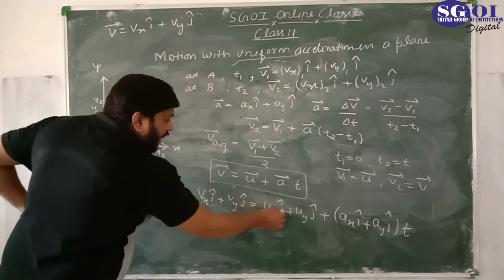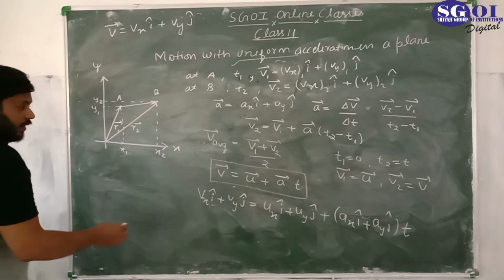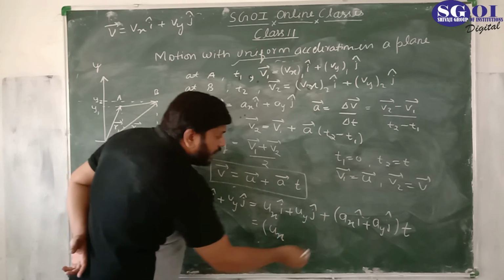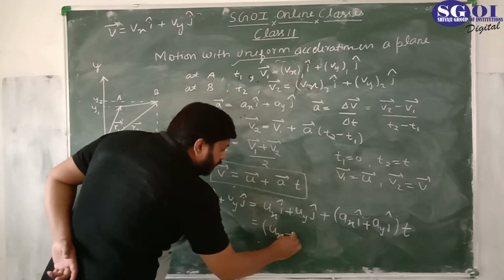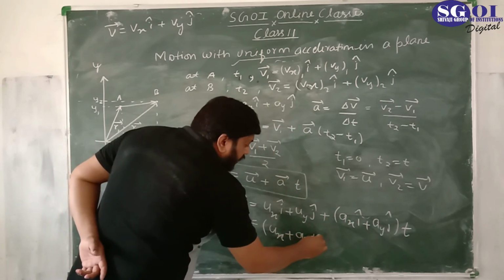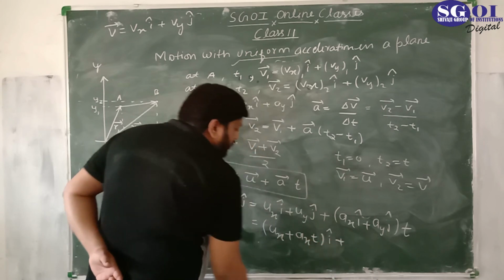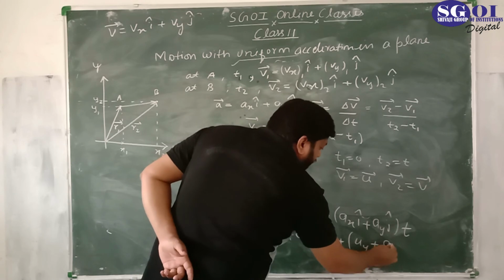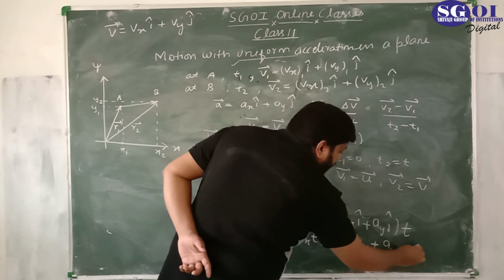Now we can take the i and j terms common, and I am writing here, this is (ux plus ax t) i plus (uy plus ay t) j.